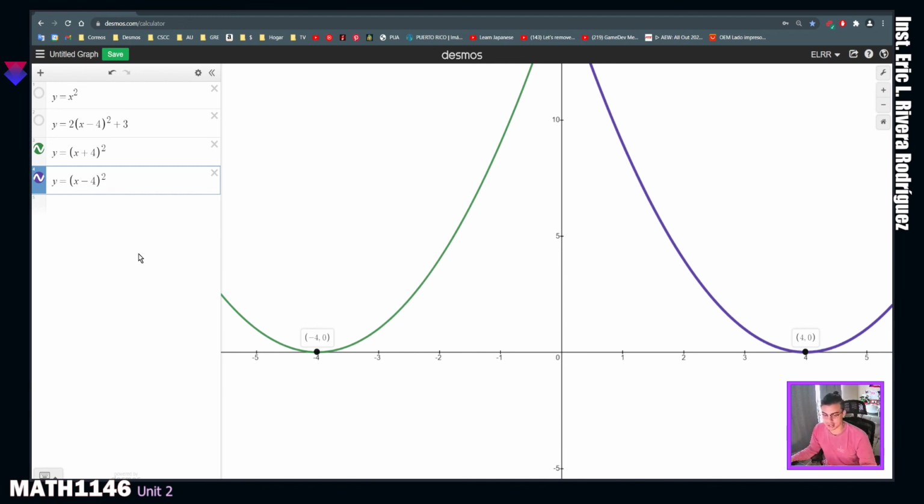We are seeing a second graph, the purple one, y equals x minus 4, that has a transformation in the input group, a horizontal shift that goes to the right. The -4 moves the purple one 4 units to the right, and the +4 moves the green one 4 units to the left.